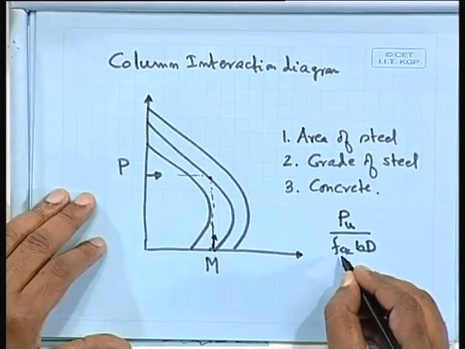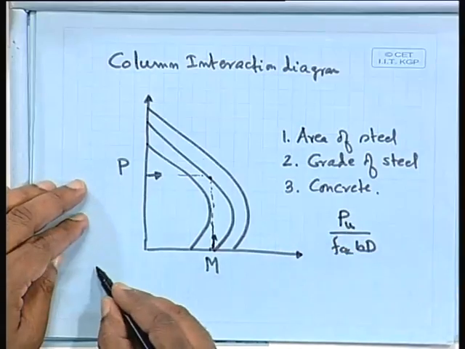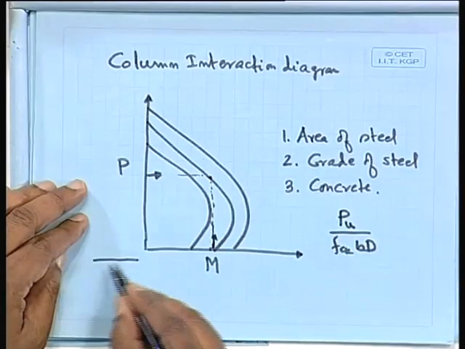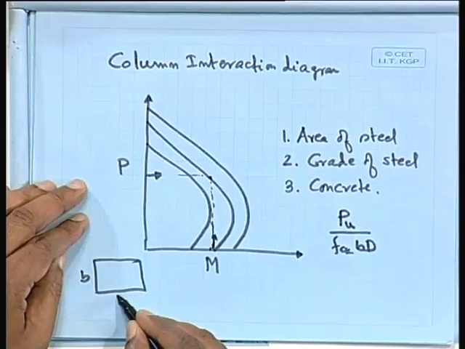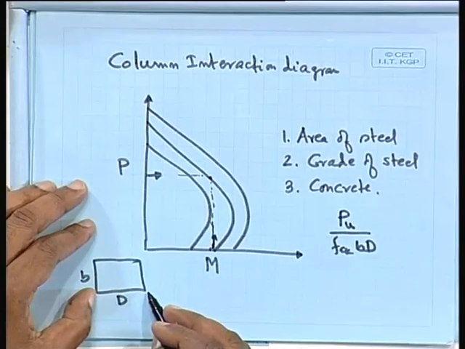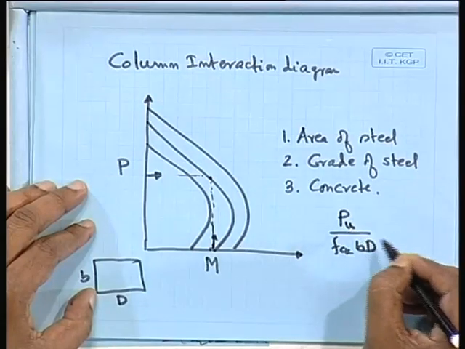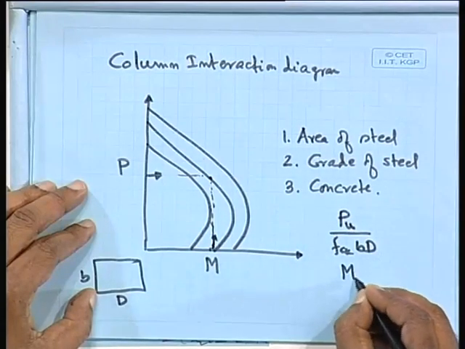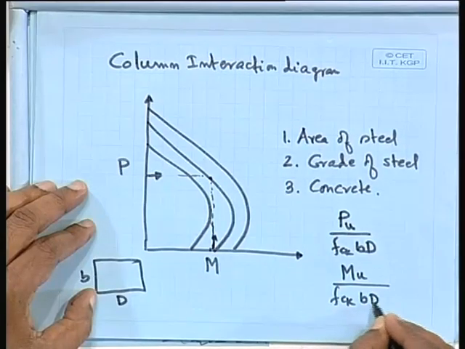FCK is the concrete grade used, B is the width of the column, and D is the depth of the column. So, PU by FCK BD, because I know PU, I know MU also, MU divided by FCK BD square.